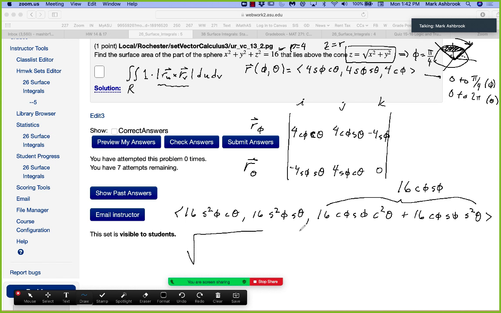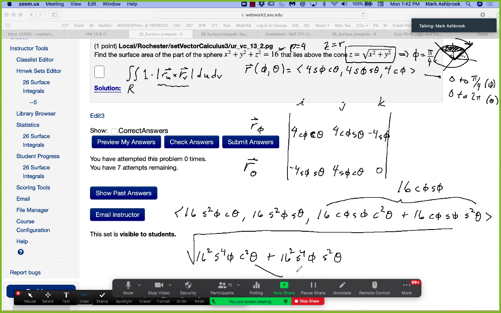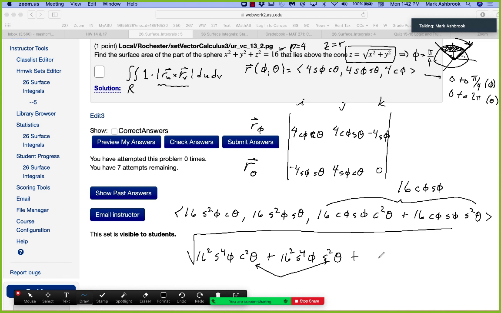And so the magnitude of that is the square root of 16 squared sine to the 4th phi cosine squared theta plus 16 squared sine to the 4th phi sine squared theta, plus 16 squared cosine squared phi sine squared phi. So we're going to get the Pythagorean theorem twice here.